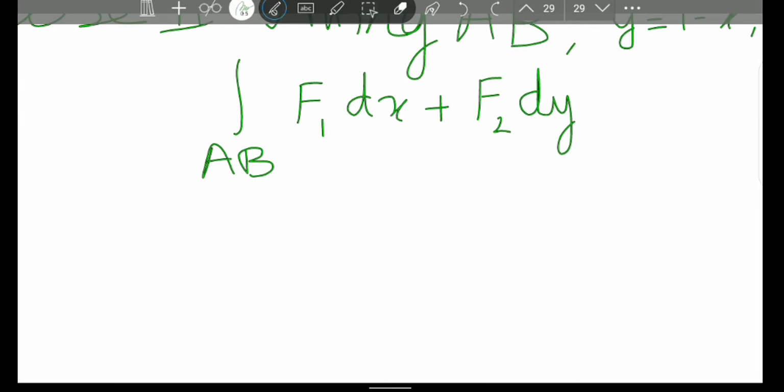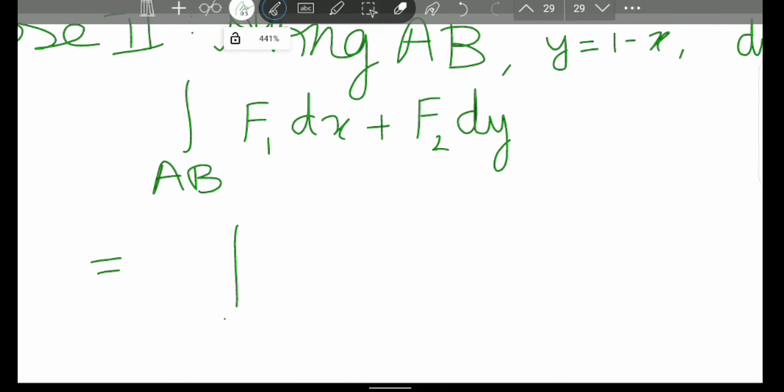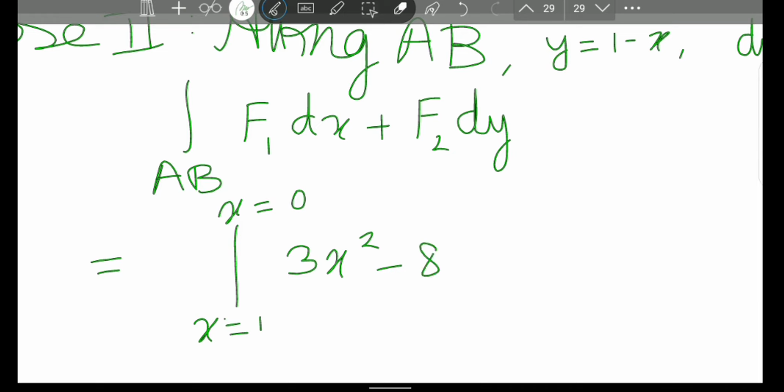So integral along AB, first of all with respect to x, f1 dx. What about f1? f1 is 3x squared minus 8y squared dx. Remember, we have y equal to 1 minus x.